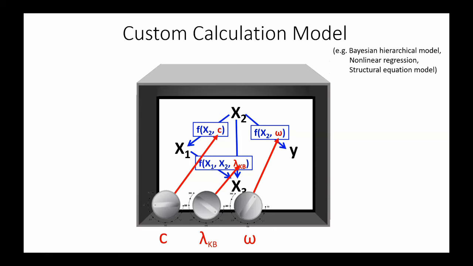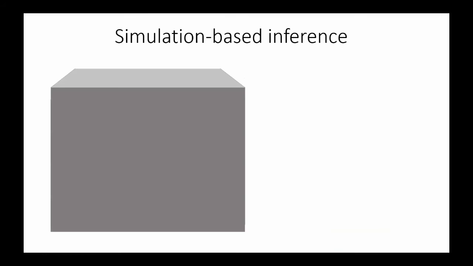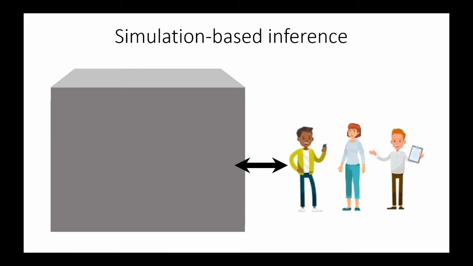All these models can be very useful. When considering all models, there is, however, one that really sticks out to me as being the best model for gaining insights about complex systems. That is simulation-based inference. For me, simulation-based inference stands out because of how accurately it models the real-world system.